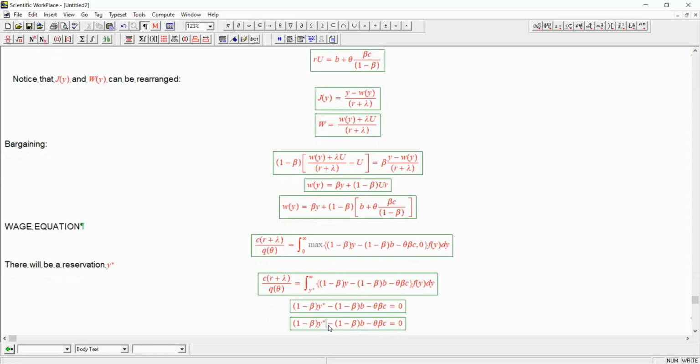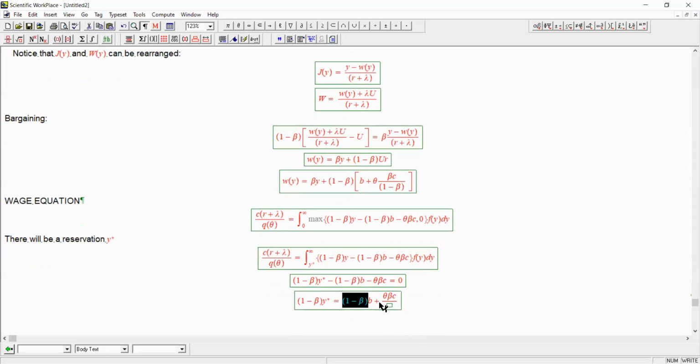Alternatively, put all this over here, change the sign, divide both sides by 1 minus beta, and here you have exactly the expression for y star.